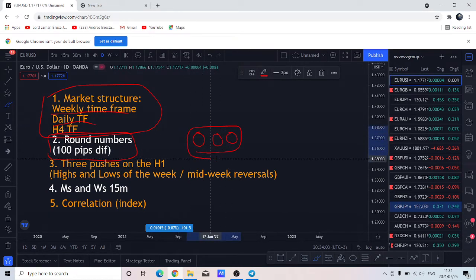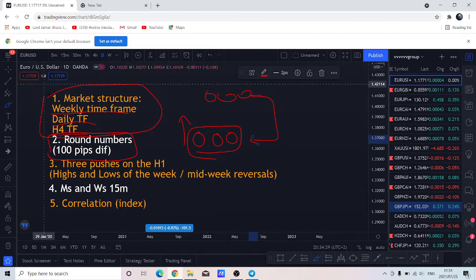After that, I also go up and look for another number that ends with triple zeros, and then I calculate the distance from this number to this number. So if the distance or the difference is 100 pips, then that's my round numbers.